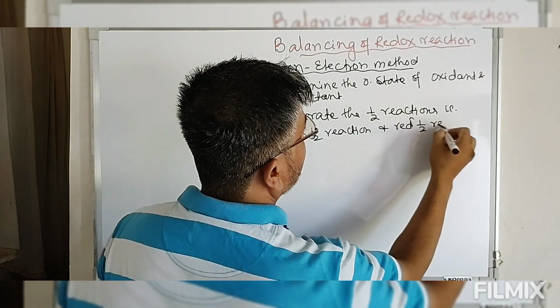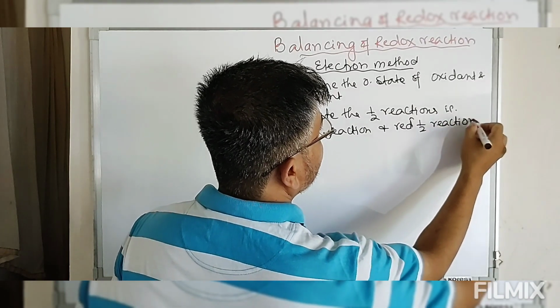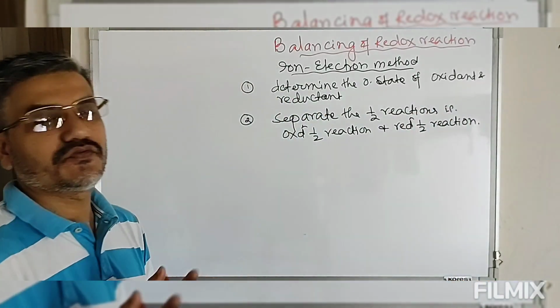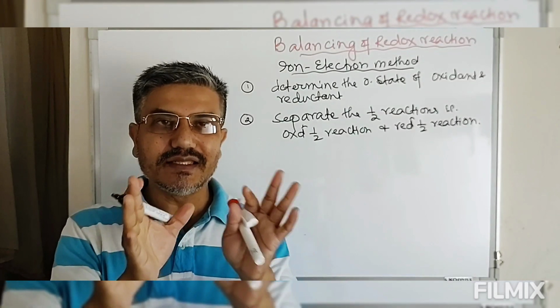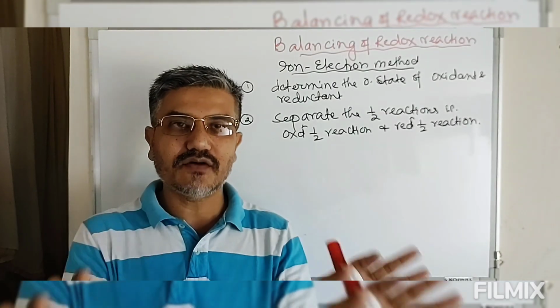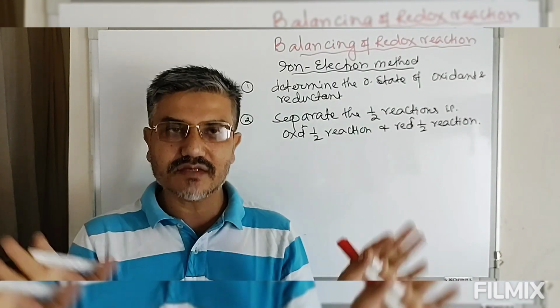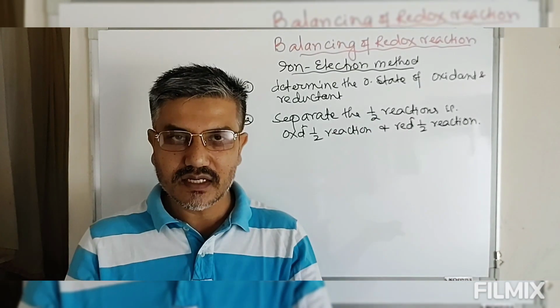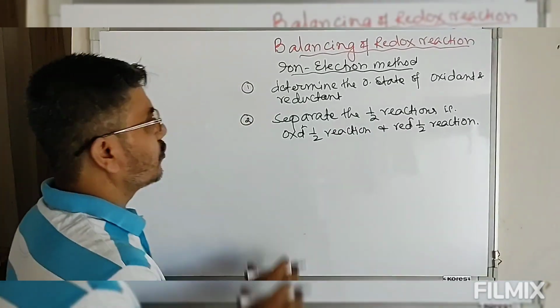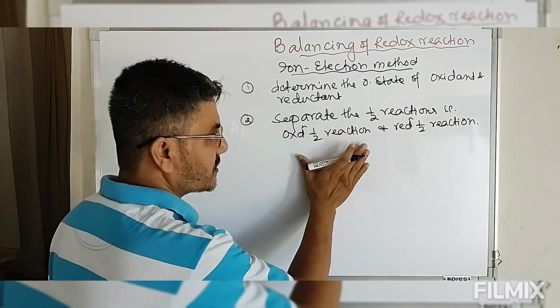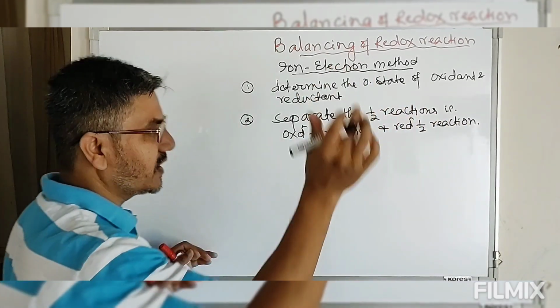We have to separate these two half reactions and we will independently balance each half reaction. After balancing, we will add up these two to get the final balanced equation. So we have to separate the oxidation half reaction and the reduction half reaction.